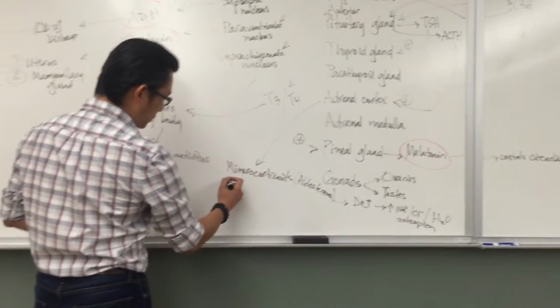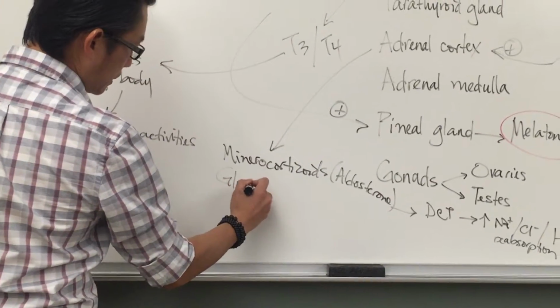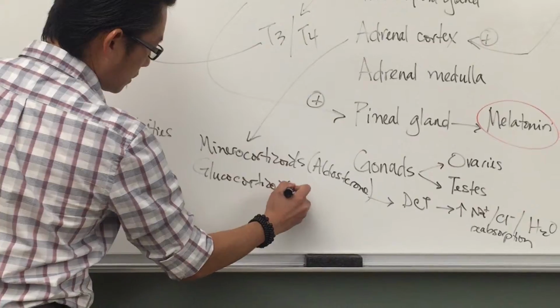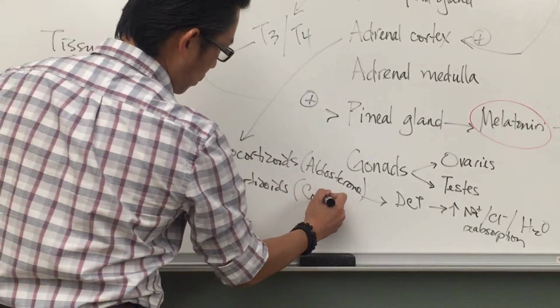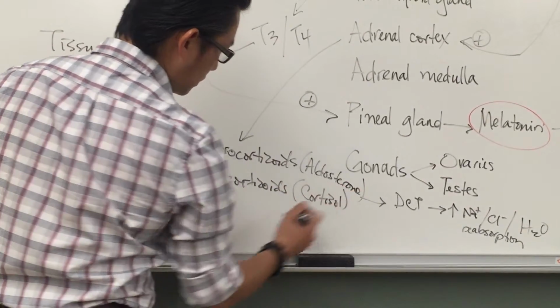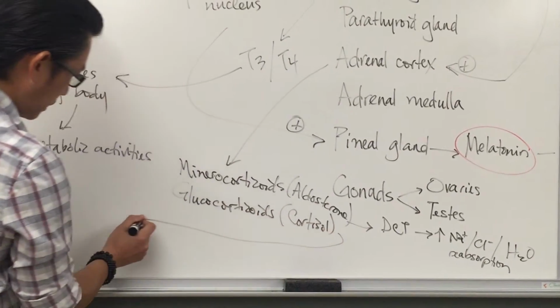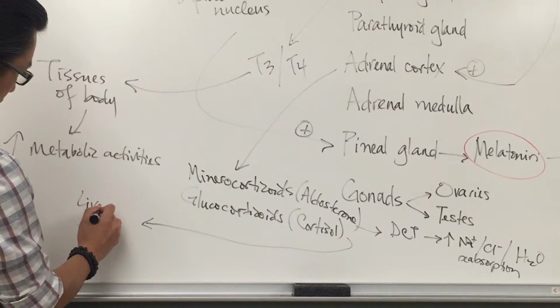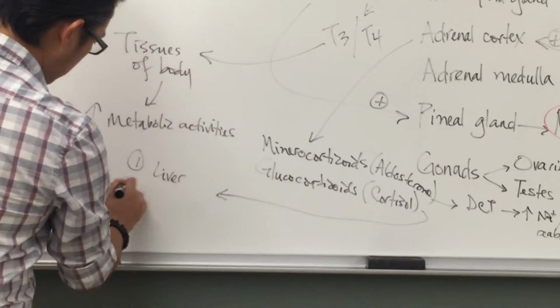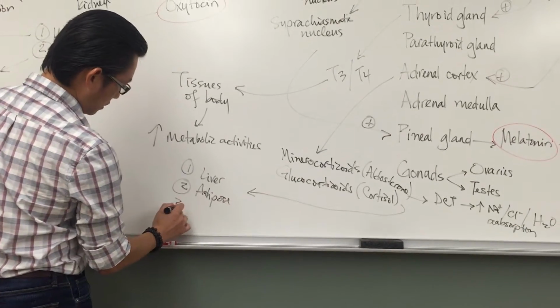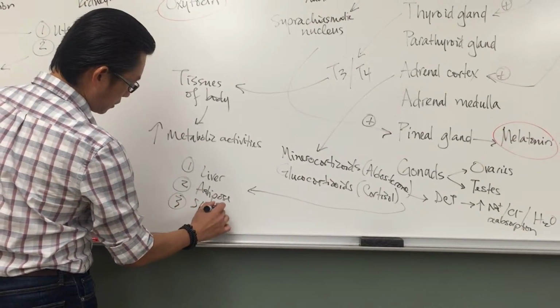Second layer, it releases glucocorticoids, otherwise known as cortisol. Cortisol then will go to the liver, adipose tissue, skeletal muscles.